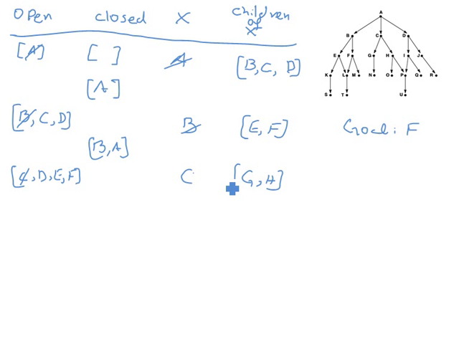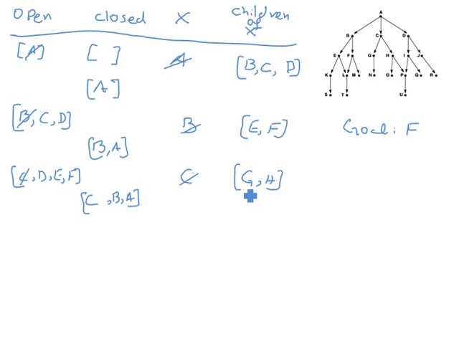Okay. And we repeat the same process. We will put X on closed. In this case, we will put here C, B, and A. And the next step is to discard all the children if they are already on open or closed list.